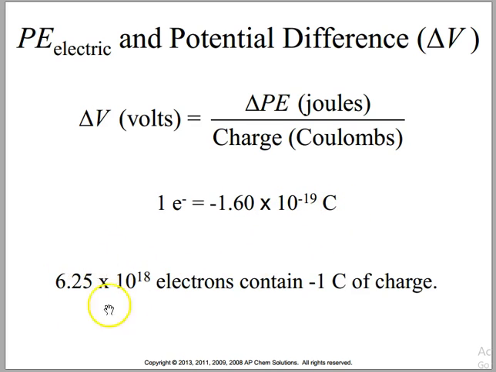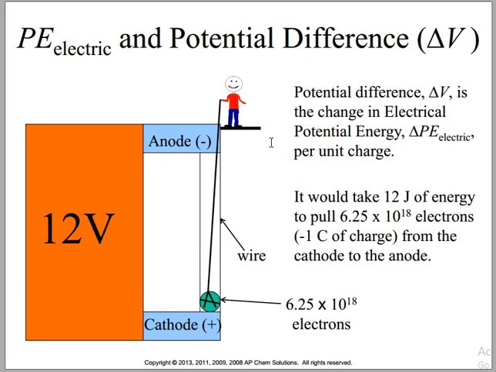So this many electrons, 6.25 times 10 to the 18 electrons, contain negative 1 coulomb of charge. So the key here is that a change in voltage is equal to a change in potential energy over a charge. So let's put our analogy together with the actual electric potential energy and the potential difference.